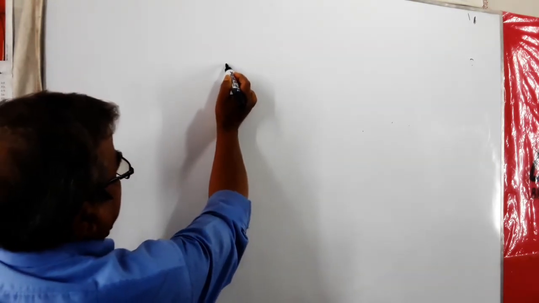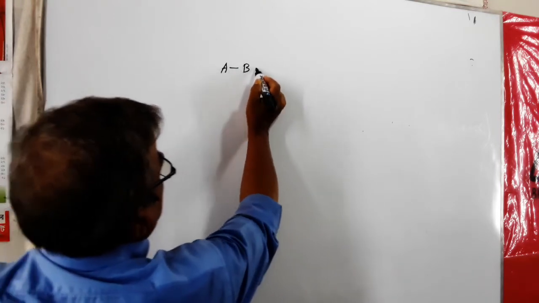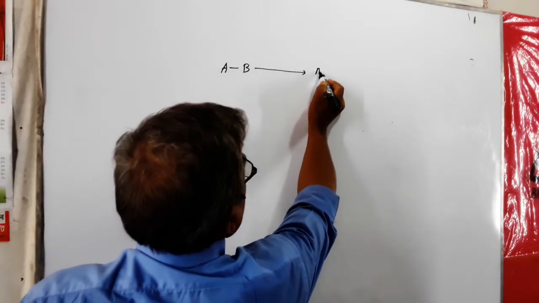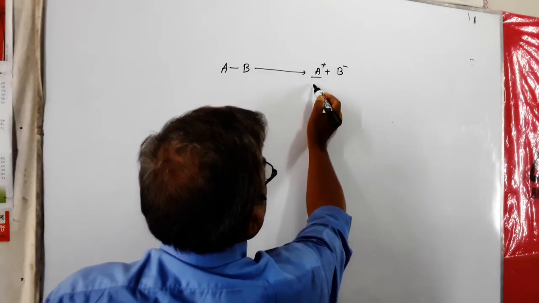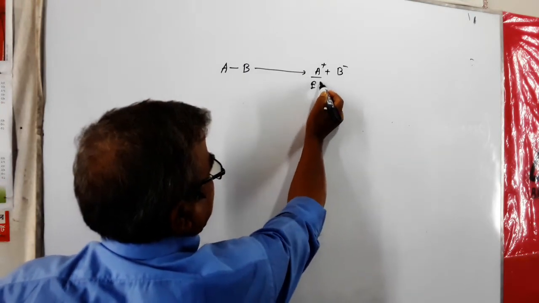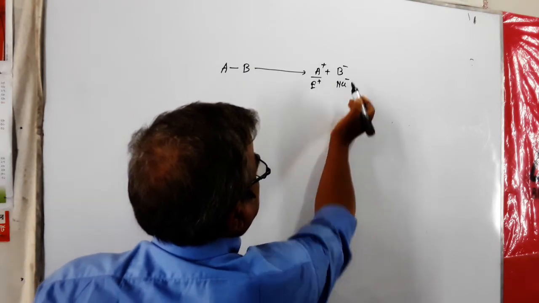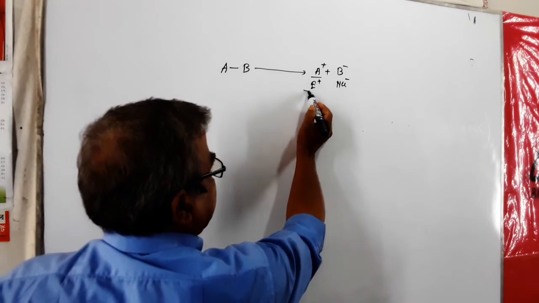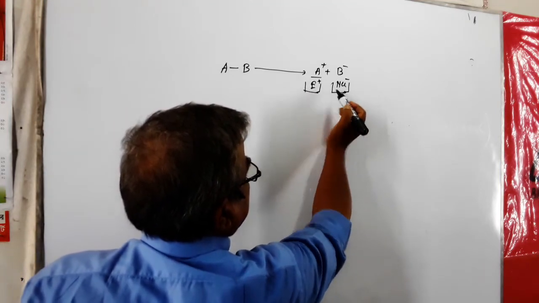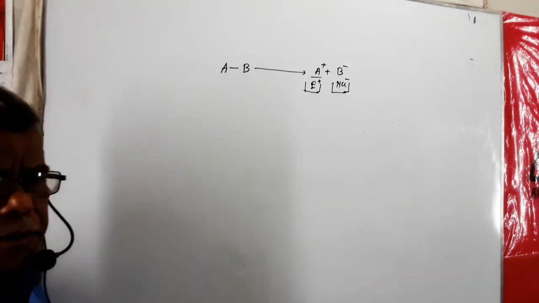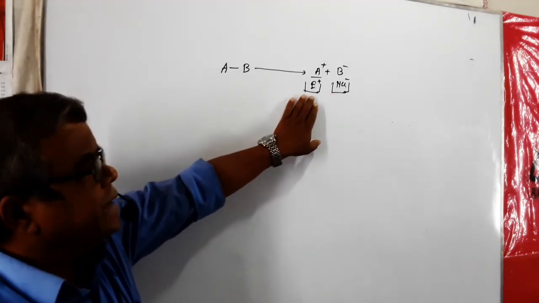At first, the reagent AB is dissociated into A plus and B minus, where A plus is the electrophile and B minus is the nucleophile. That is electron lover and nucleus lover, which are called electrophile and nucleophile.